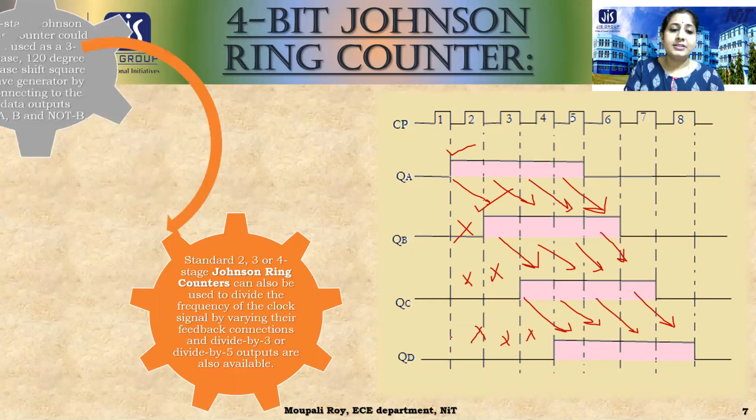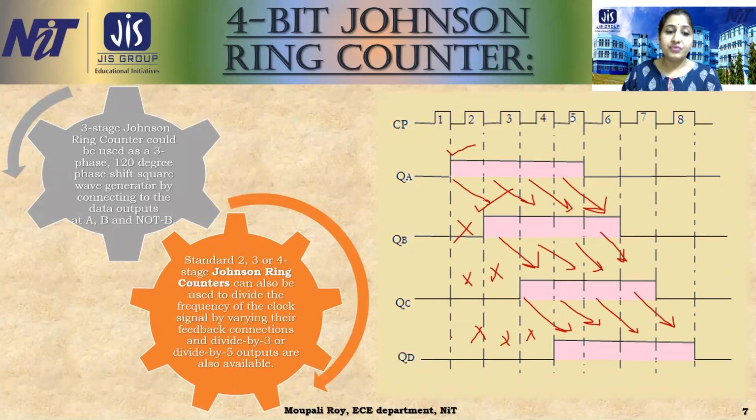So the standard 2, 3 or 4 stage Johnson ring counter can also be used to divide the frequency of the clock signal by varying the feedback, and counting and dividing by 3 or 5 outputs are also available.